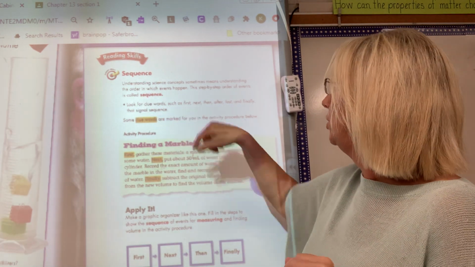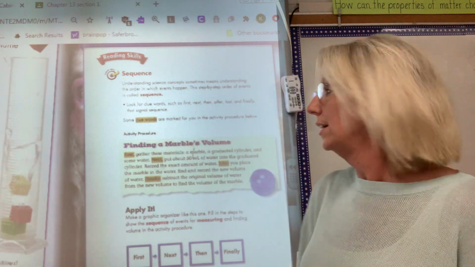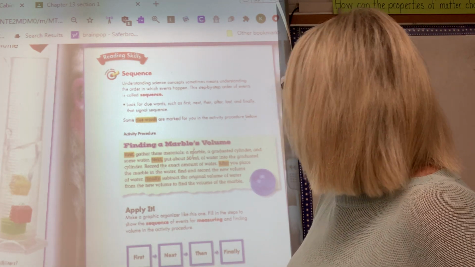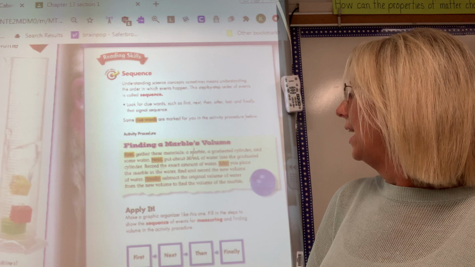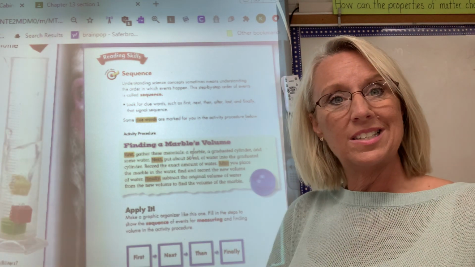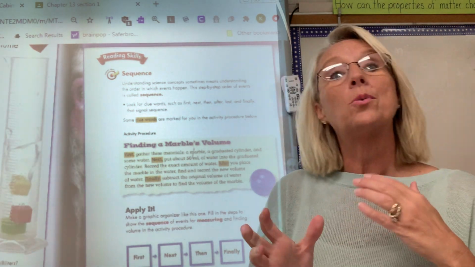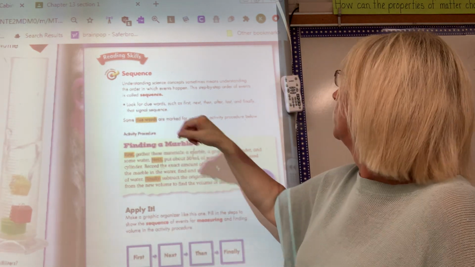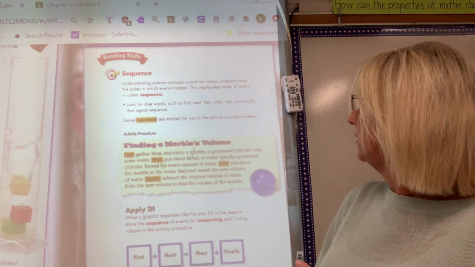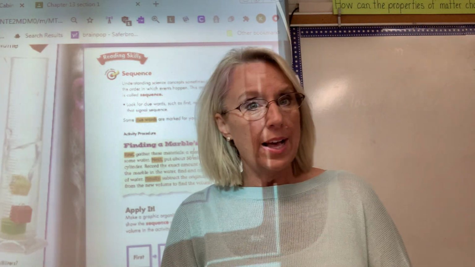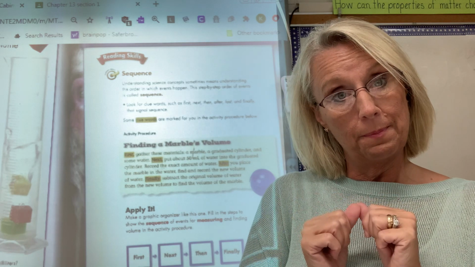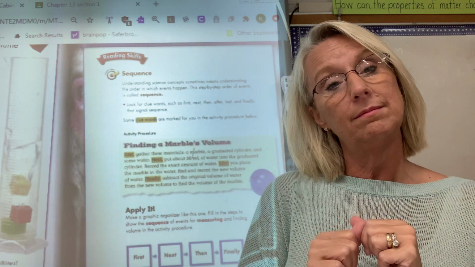It says look for clue words such as first, next, then, after, and finally. Those words signal sequencing changes. Then it says, but some clue words are marked for you in the activity below. That's what I want you to really be thinking about. It says some. What does that really mean?